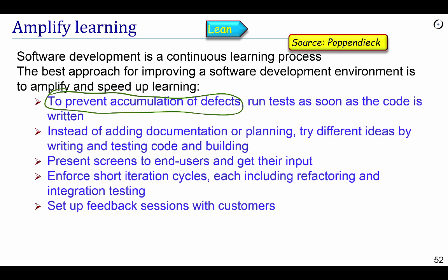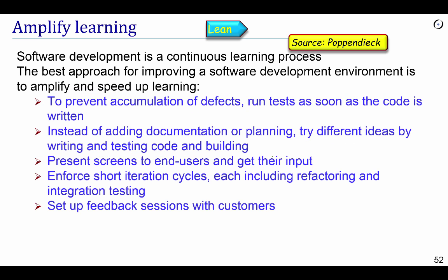Instead of documentation, which would be one way of producing learning, the agile view, in particular the Lean view, is that we should try different ideas by writing perhaps different variants of the code, and it may be more effective a use of our time than to write documentation. Just try different solutions and see which one works best.